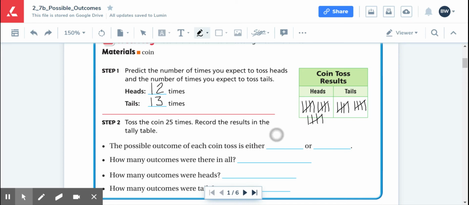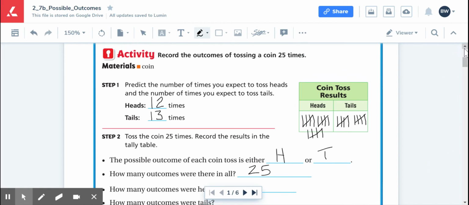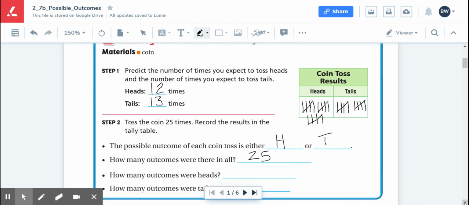So our possible outcomes are heads or tails. How many outcomes were there in all? Well, how many times did I toss the coin? I tossed the coin 25 times, and that says it right up here in our directions. Tossing a coin 25 times.